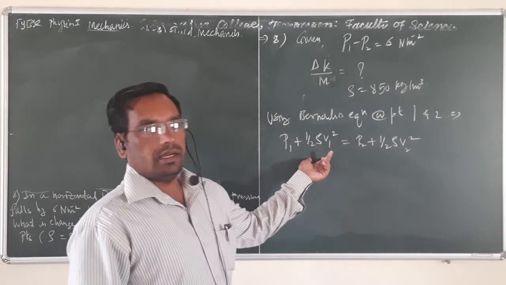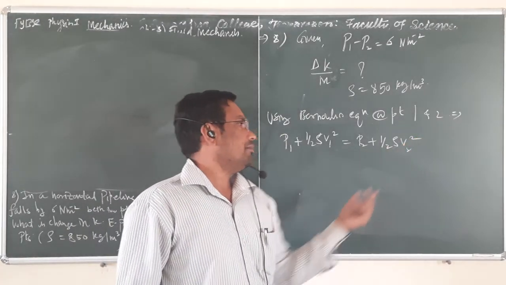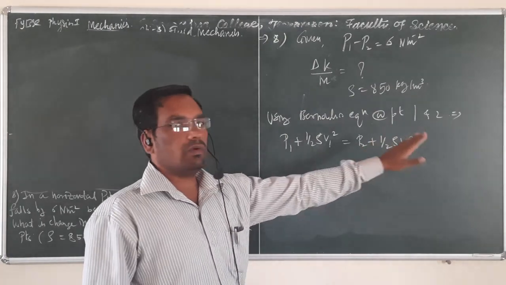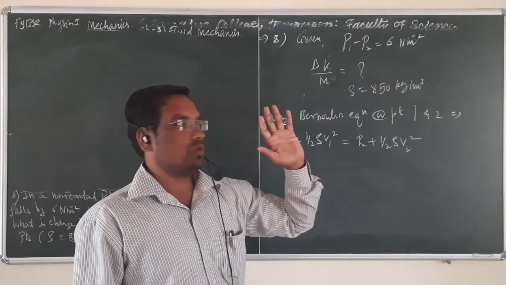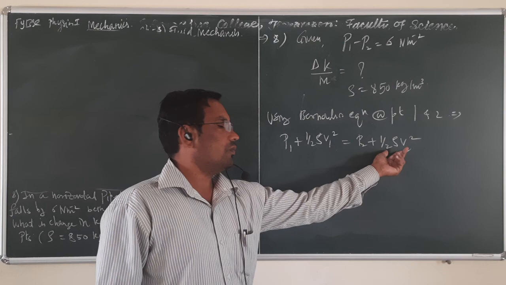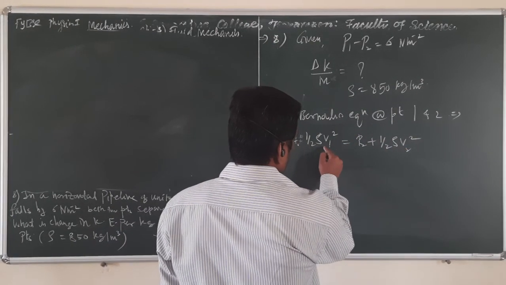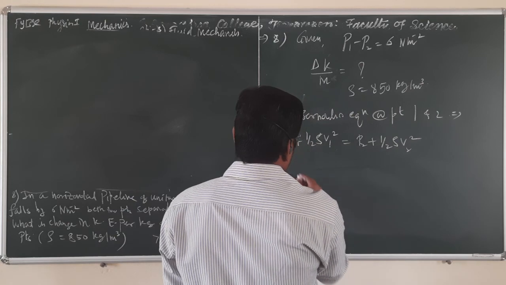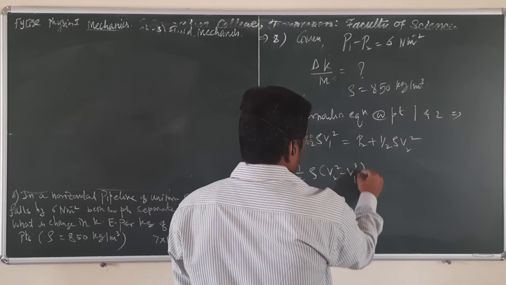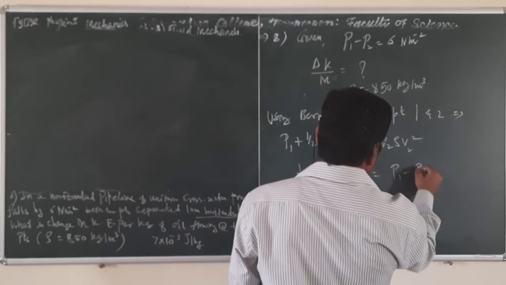Here I did not write the rho g h term in this equation because the pipe is horizontal. So h1 is equal to h2, and we cancel those two terms. If we take the V terms on the right hand side, we get 1/2 rho (V2 squared minus V1 squared) equal to P1 minus P2.